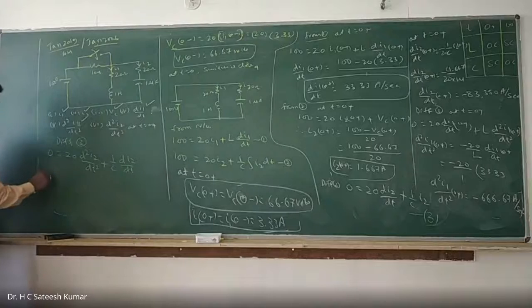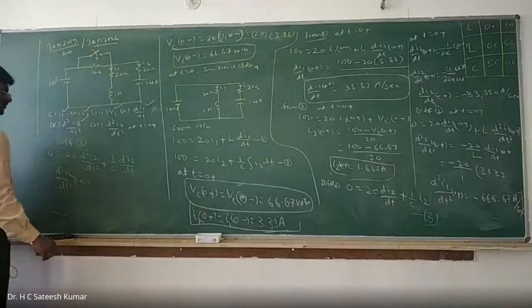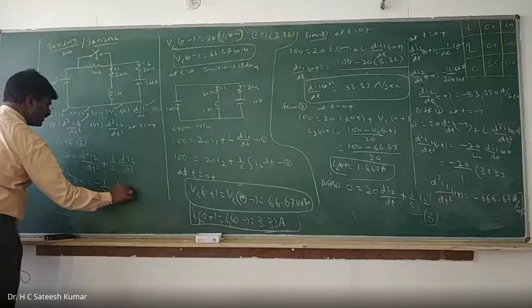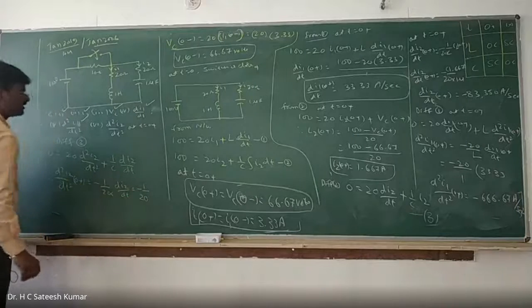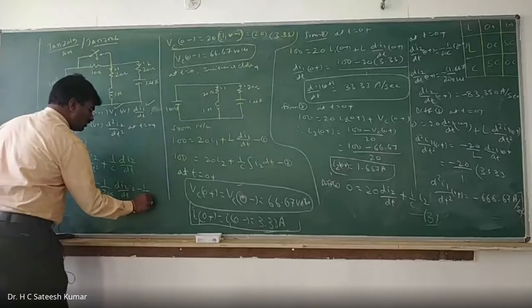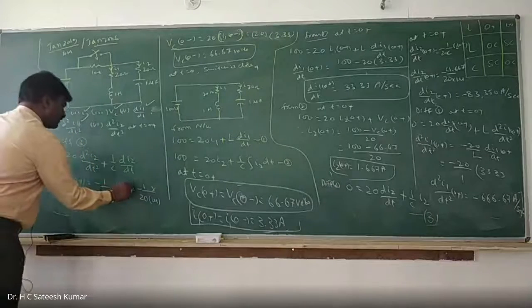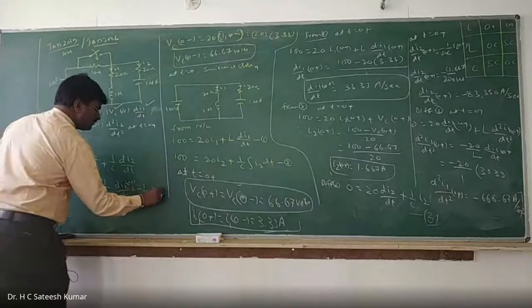Therefore, d squared I2 by dt square at 0 plus is equal to minus 1 by 20c into di2/dt, where c is 1 micro, and di2/dt at 0 plus is minus 83,350.